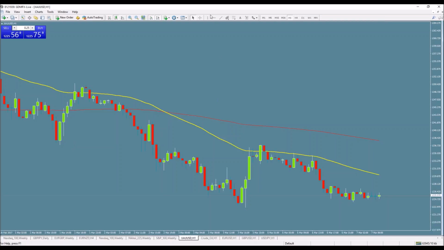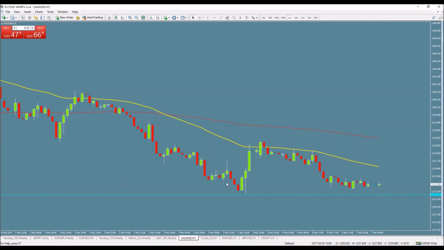Right there it is overtaken. We can see directional movement to the downside, which could resume the short-term downtrend towards targets around 12.19 and downwards to 12.10, which are the major support areas.